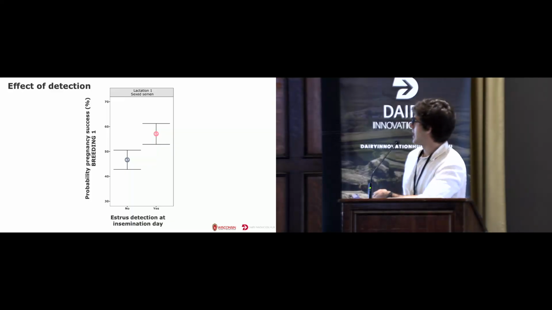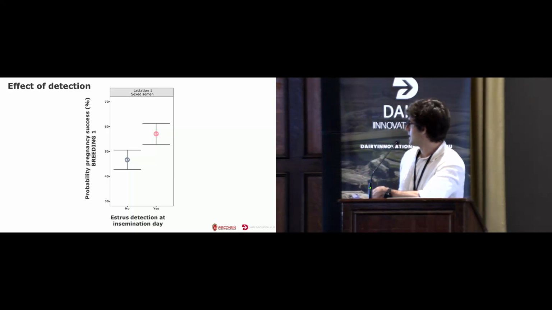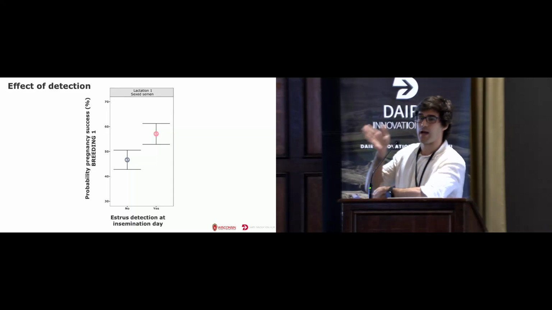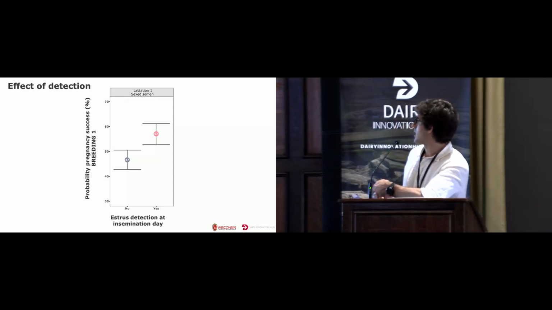So keeping everything else constant, working in Holstein animals, in lactation number 1, using sexed semen, when the insemination is made by a given technician, in a given year season, you see that the change in the likelihood of pregnancy success for breeding 1 when you perform the insemination without having estrus at that time versus when you do exactly the same but matching a heat event, we expect an increment of plus 10% in the probabilities of pregnancy success.